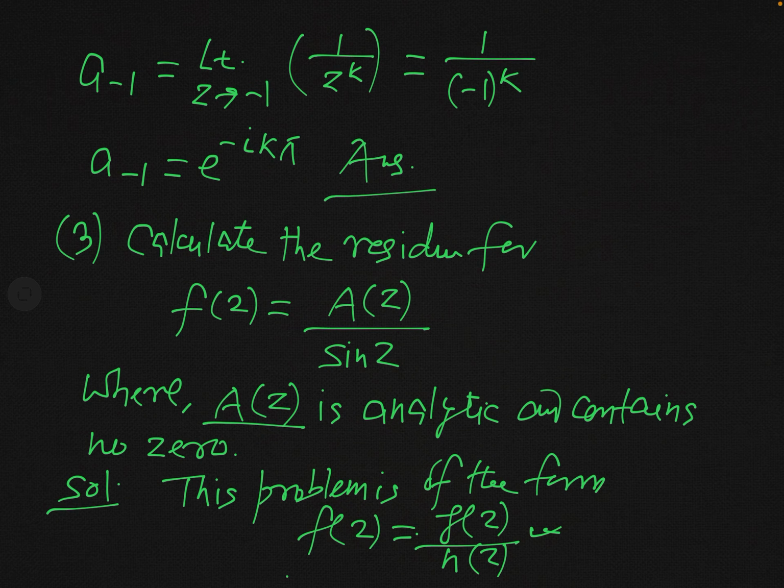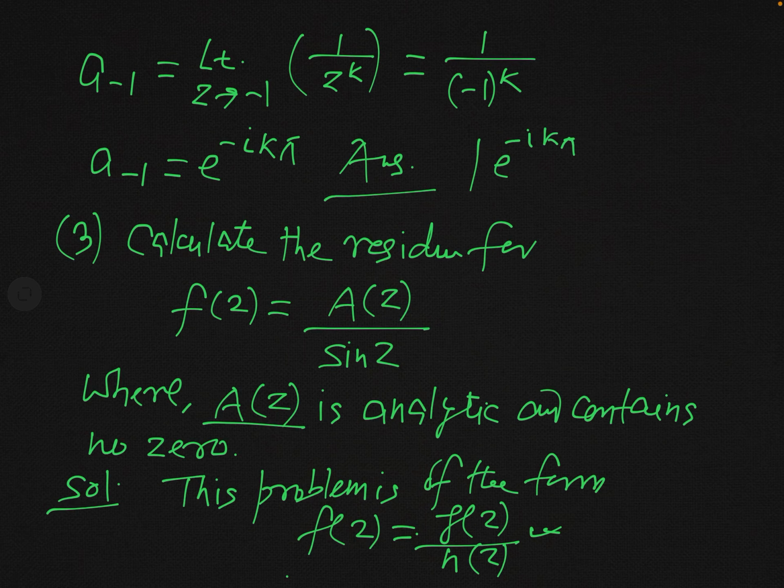Now let us put the limiting value of z. This is minus 1, so this will be simply 1 over minus 1 to the power k, and you know this 1 over minus 1 to the power k may be written as e to the power minus ik pi.